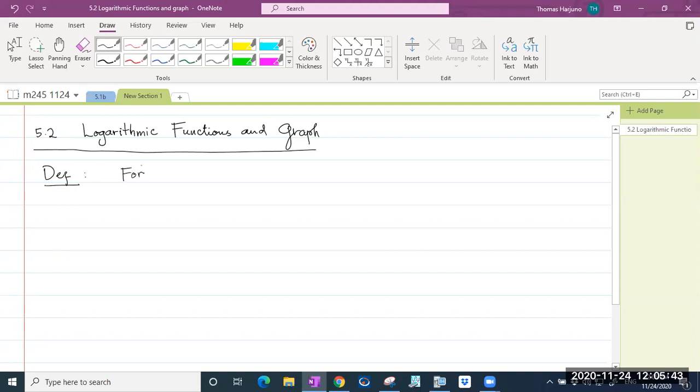For a base a, positive and not 1, a to the x equals y can be written as log base a of y equals x.